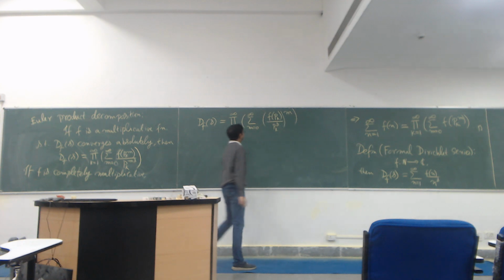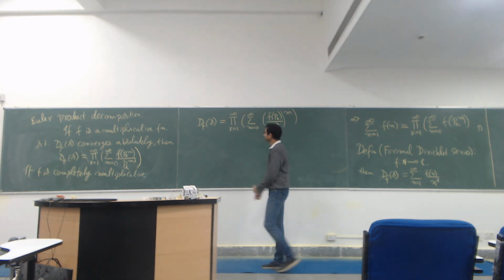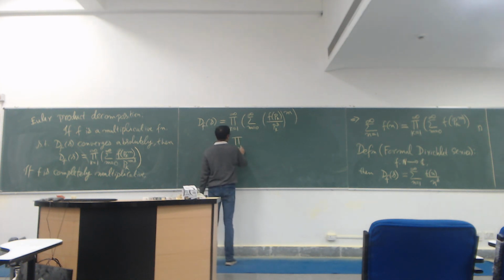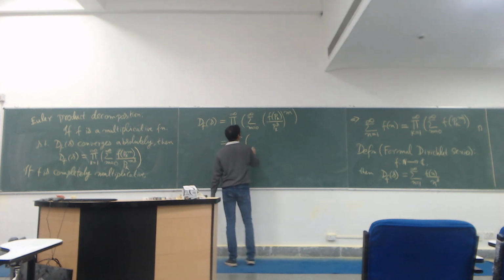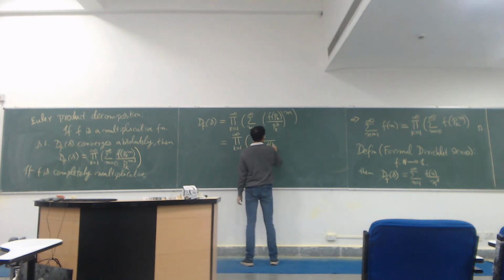For convergence, you need f(p_k) divided by p_k^s to have absolute convergence. But nevertheless, this also converges. So this is nothing but 1 by 1 minus f(p_k) by p_k^s.